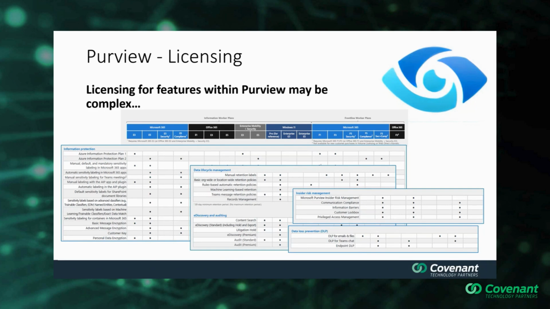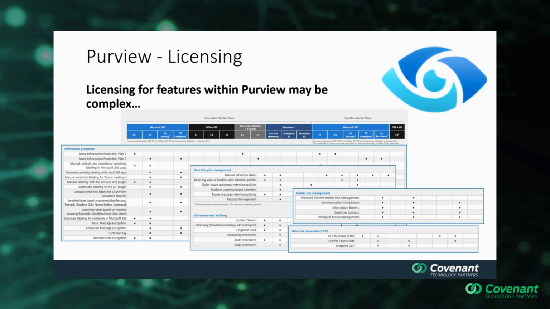Getting started with Purview and Purview licensing may be complex. Depicted here is the licensing grid provided by Microsoft and its modern work licensing ecosystem. So we see that many of these features are segmented based off of certain groupings of those features and what is accessible based off of your licensing platform.